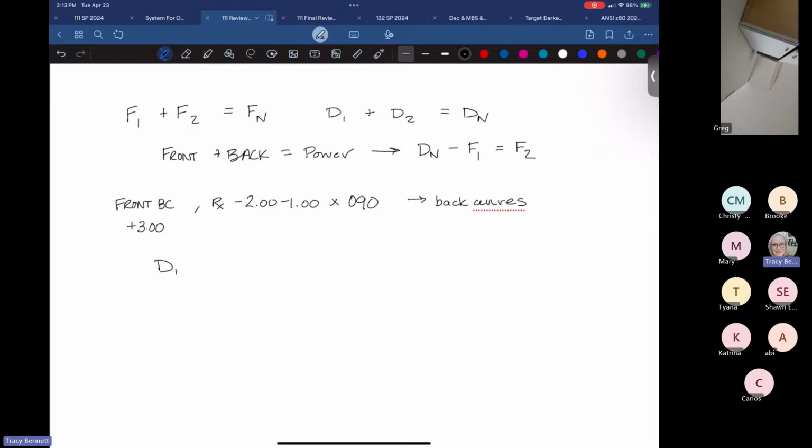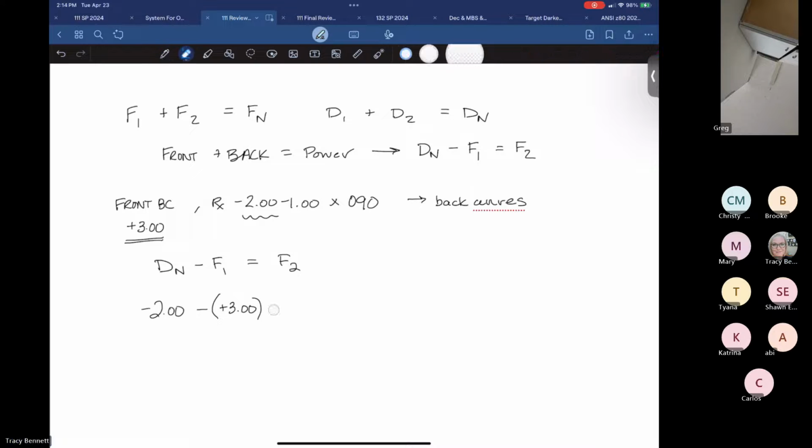So if we're using this, the nominal power minus the front power equals the back power, then our nominal power, we're going to go in just for the sphere. So the nominal power is -2. That's the power that I want. Minus the front base curve, which is that +3. And the base curves are always going to be plus, never minus.